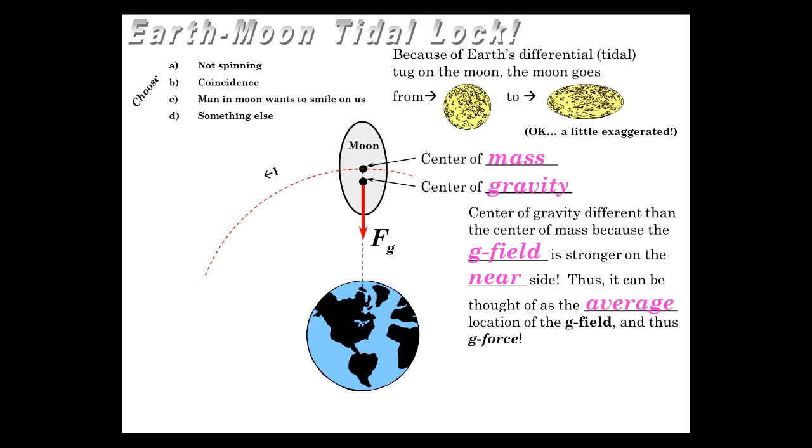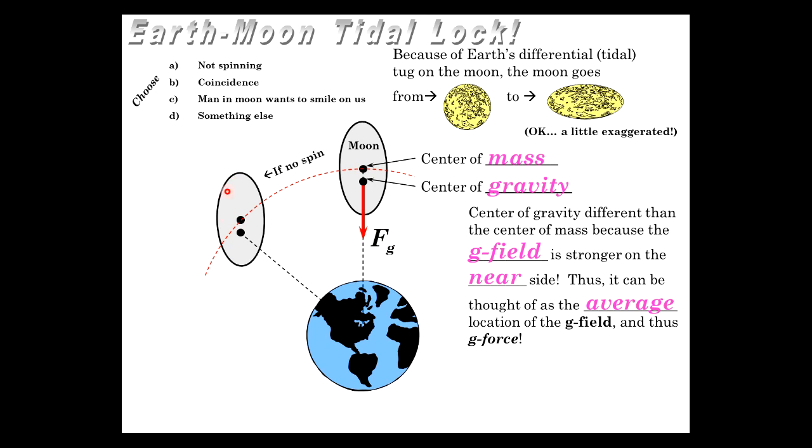Let's consider the arc of the orbit of the moon. If there's no spin, a little while later, and there are some details here that would need to be addressed with calculus thinking, differentials, but for our purposes for now, there's the moon.